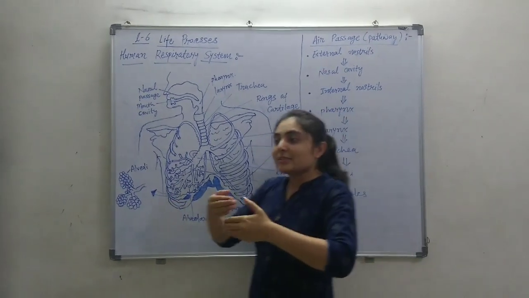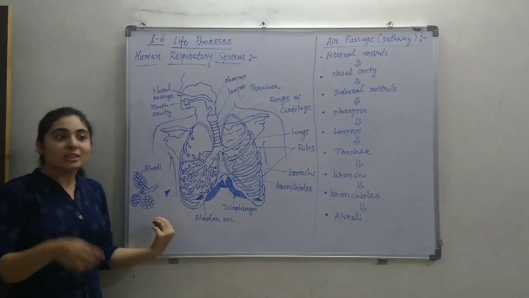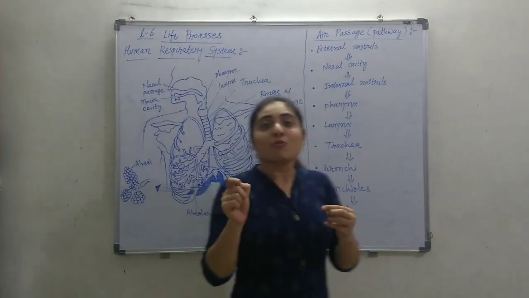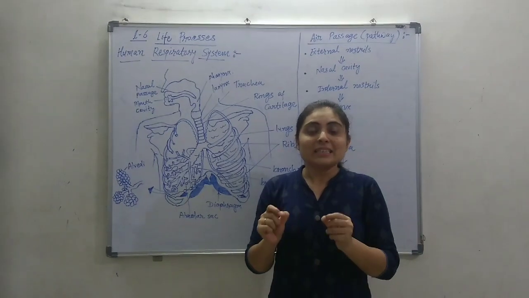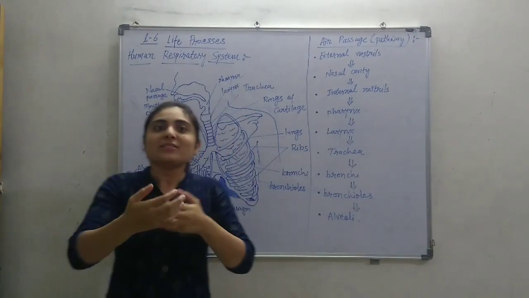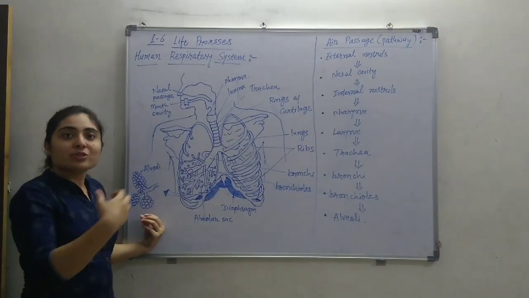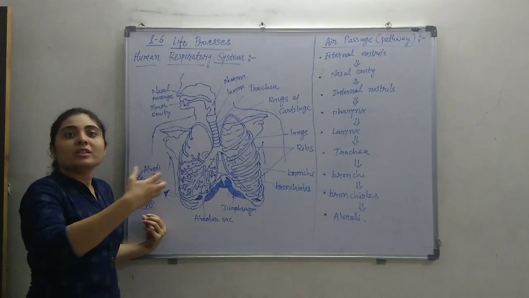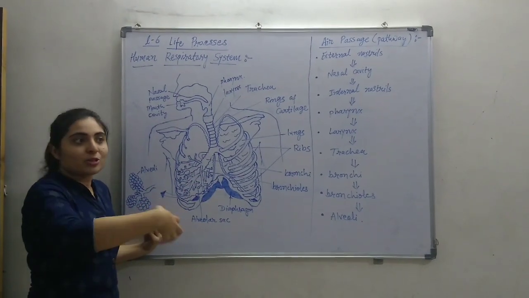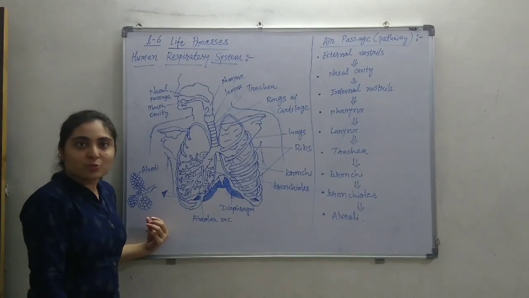This exchange takes place at the walls of the alveoli. These walls are very fine and thin, and permeable, so gaseous molecules can be exchanged. This carbon dioxide comes from each and every cell, because at the end of the respiration process, carbon dioxide is a waste product.